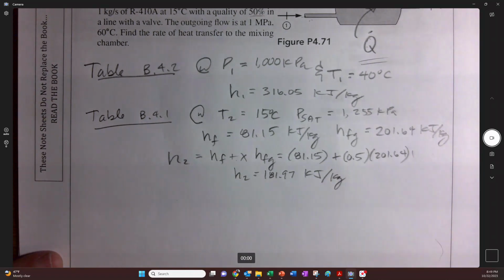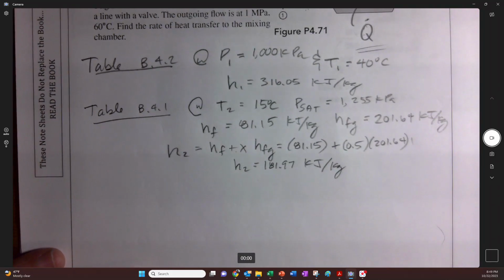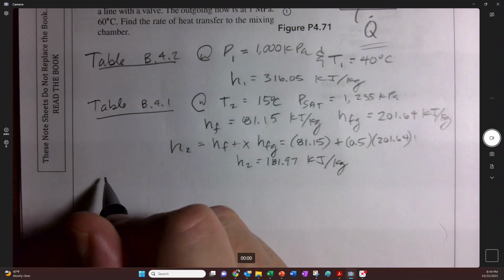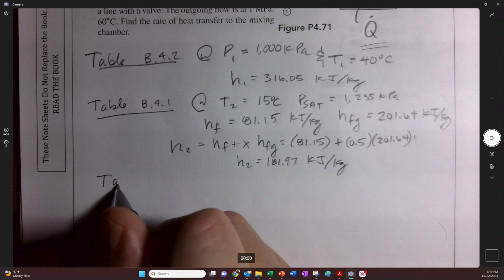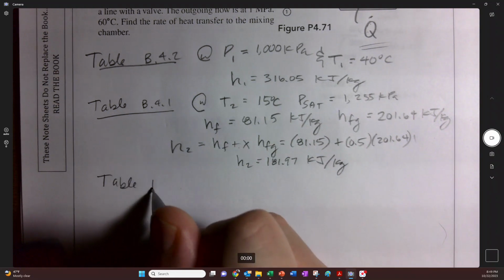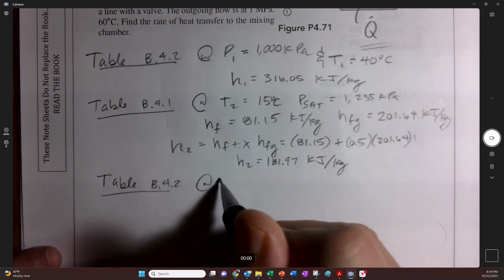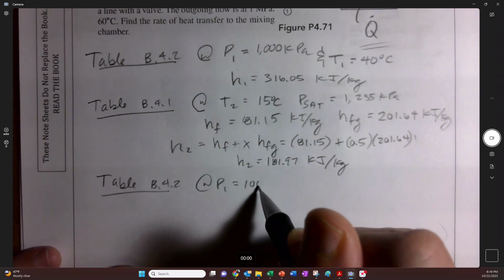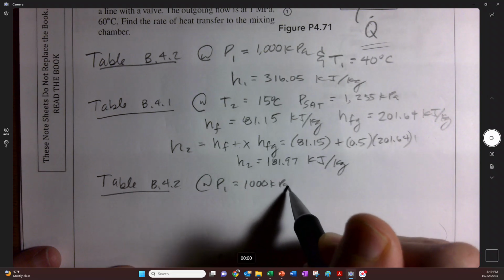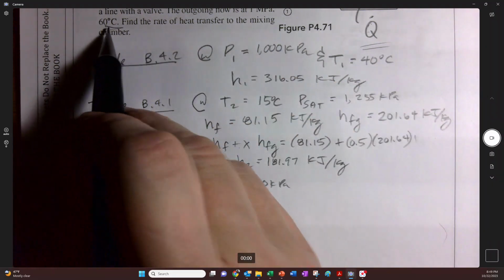And lastly, okay, we're going to go back to table B.4.2, probably could have stayed over there, and then at P3 equals 1,000 kilopascals and 60 degrees.